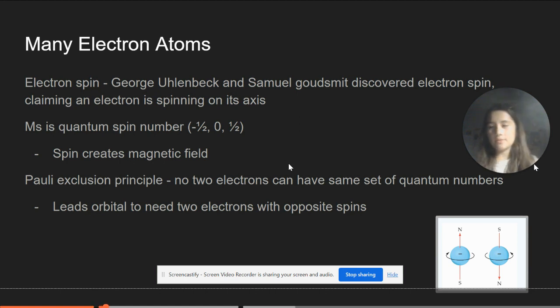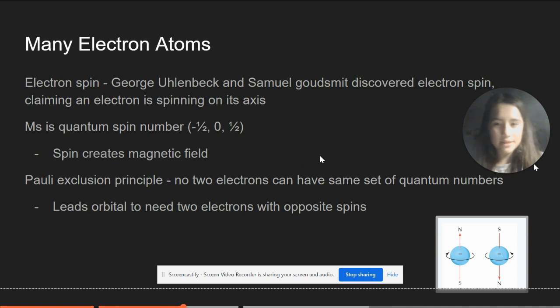And then the Pauli exclusion principle states no 2 electrons can have the same set of quantum numbers, which is that 2 electrons need opposite spins in order to share an orbital, and that is because they cannot have the same set of quantum numbers.